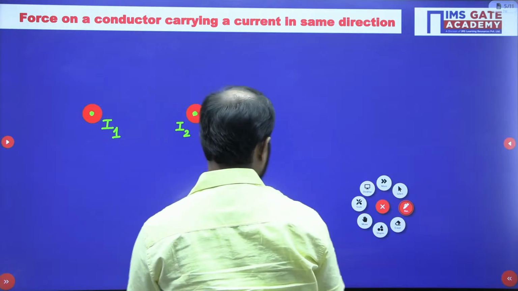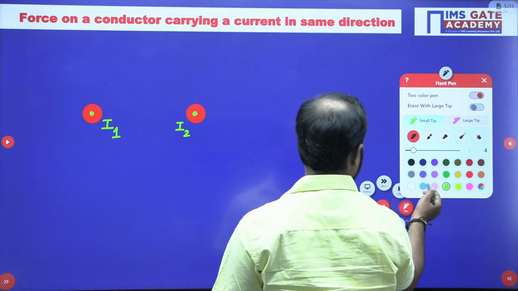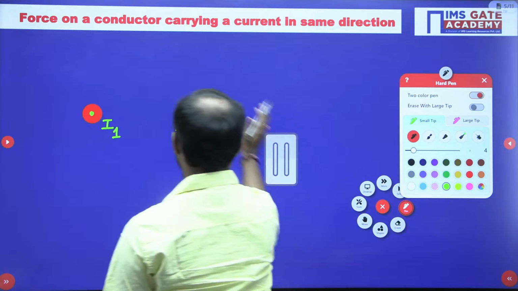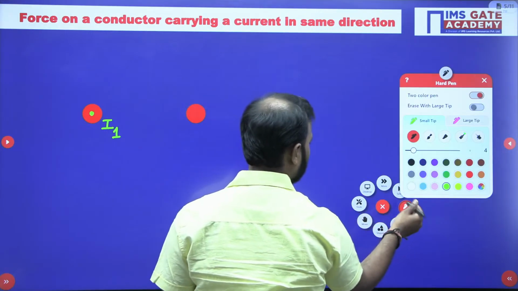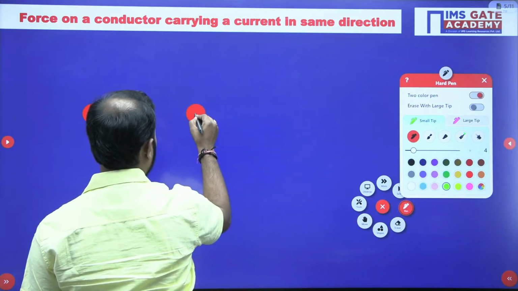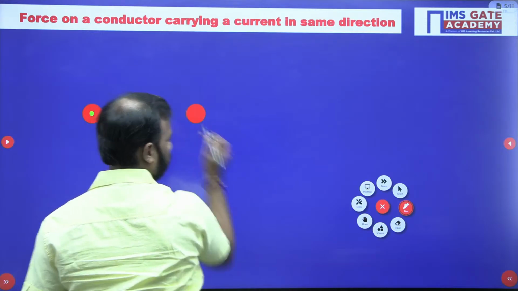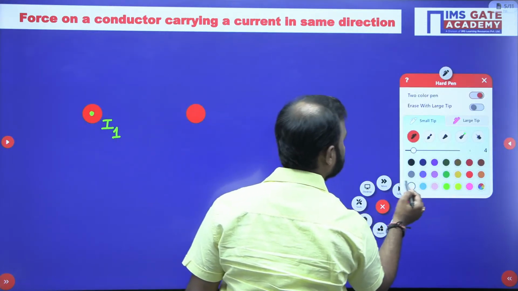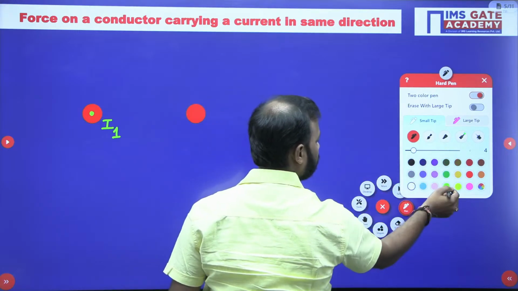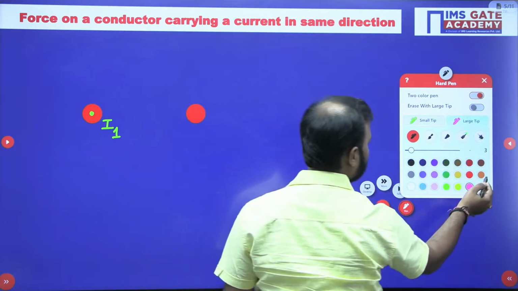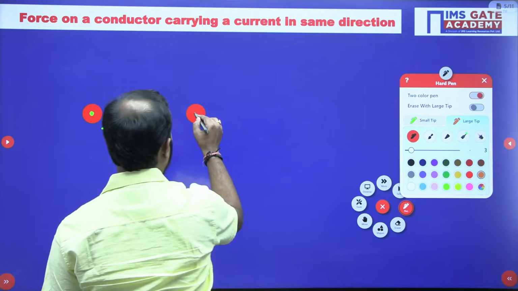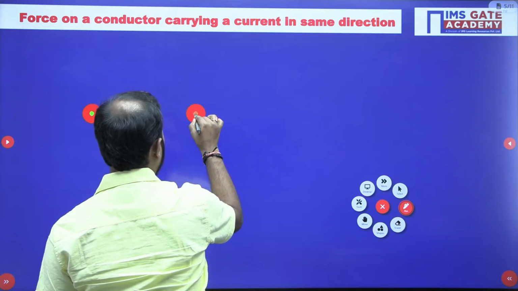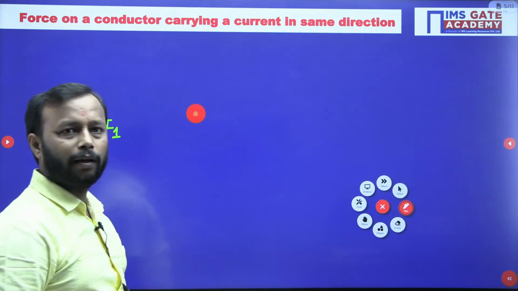So here the direction of the magnetic field for the first conductor, let me change the color for this. Is this color visible?